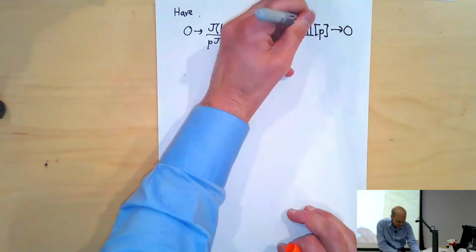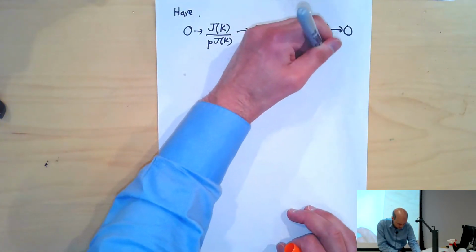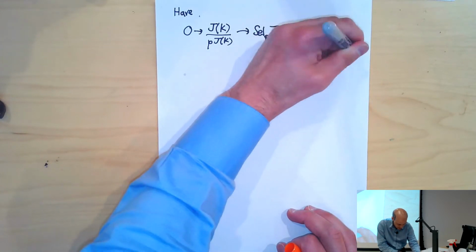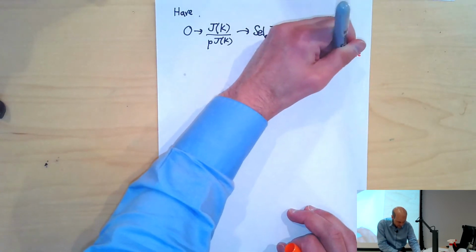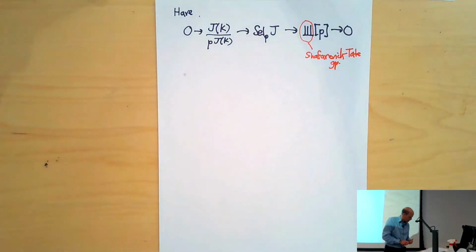So this group here is the Shafarevich-Tate group of J.